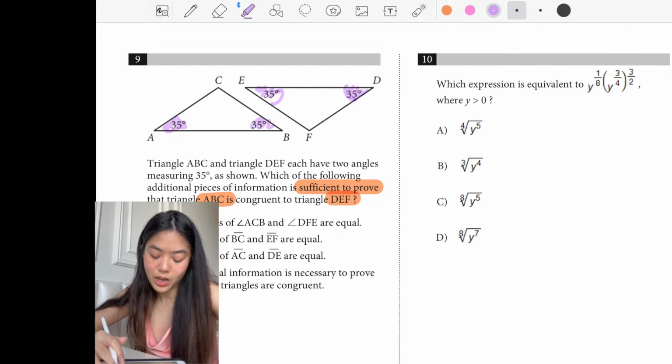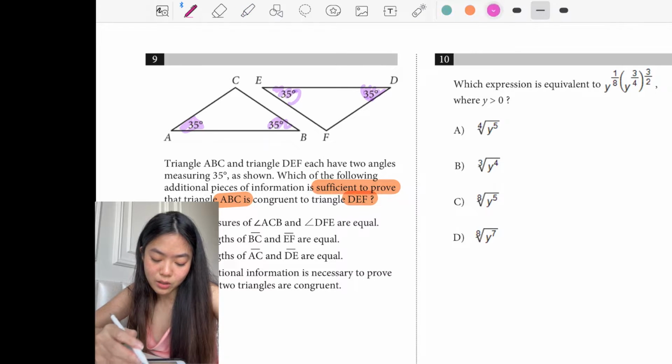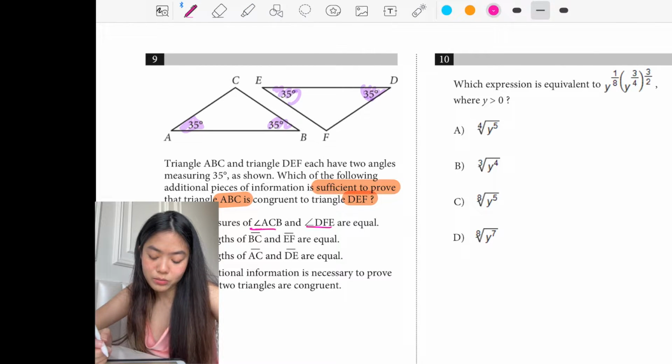So which one can we say is congruent? Let's see the first one. The measures of this and this are equal, or the lengths are equal. The length BC is here and the length EF is here, or the lengths AC and DE.